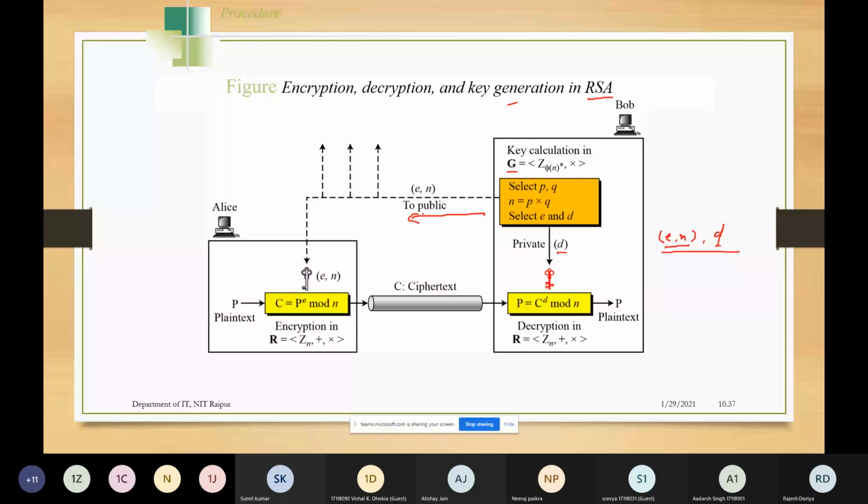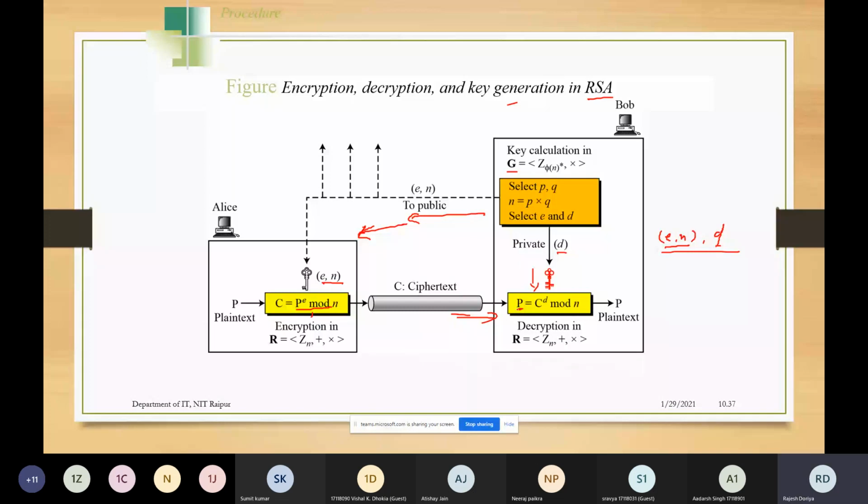Using the public key E, N, Alice encrypts the message and sends it over a channel to Bob, where Bob can utilize his private key to decrypt it.